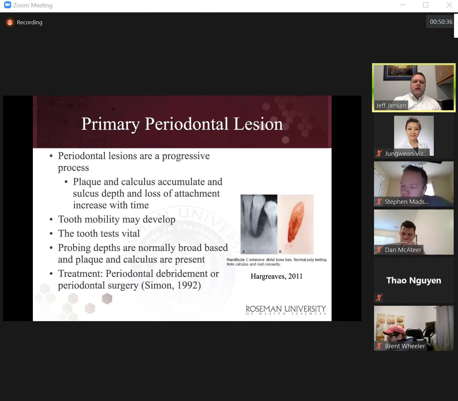Yeah, me too. But I'm trying to feel that, and a broad probing depth to me is like there's more than a millimeter of width of that probing depth. If I walk my probe, I drop right in, and then I come right back out, that's narrow. That makes sense?